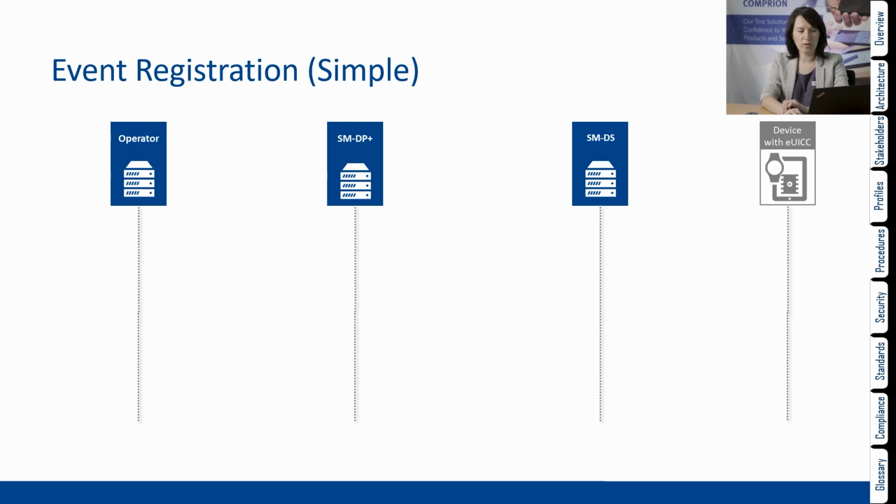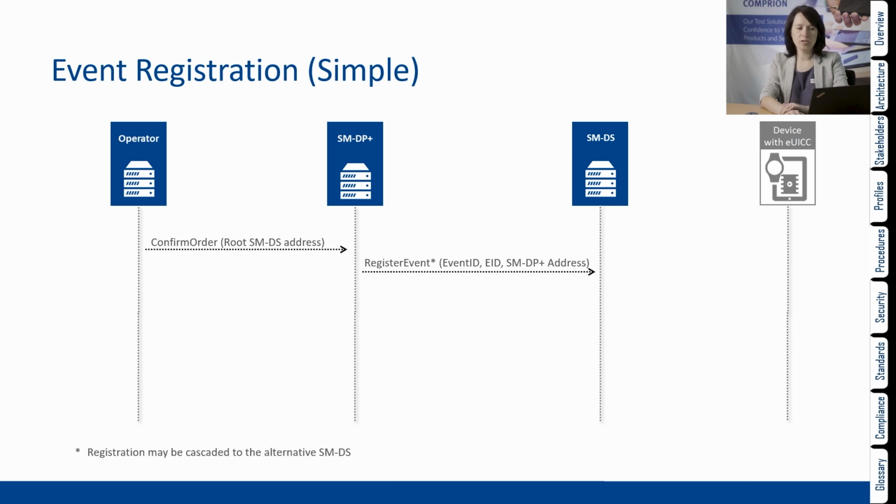so we can take a look at this from the operator and the SM-DP+ involved and the SM-DS involved to the device and the EUICC. There is a confirm order with the root SM-DS address going to the SM-DP+. Then there is this register event command, going from the SM-DP+ to the SM-DS with the event ID, the EID, and the SM-DP+ address.